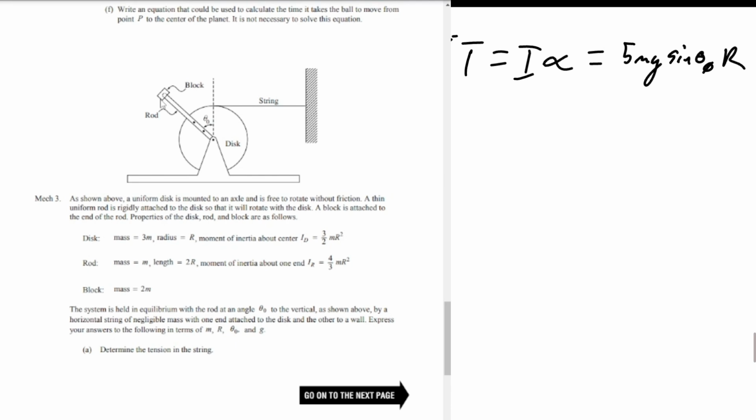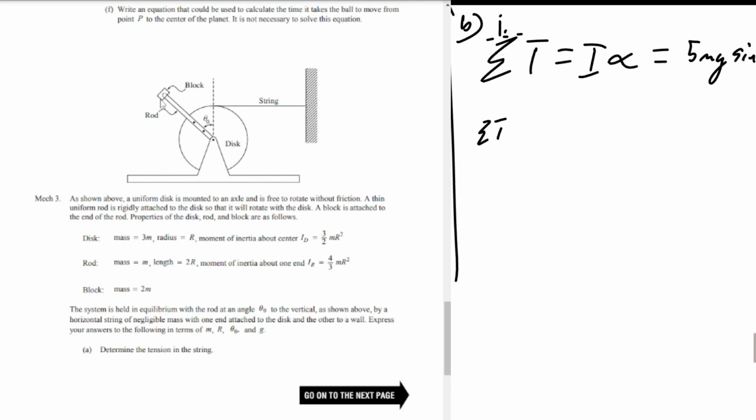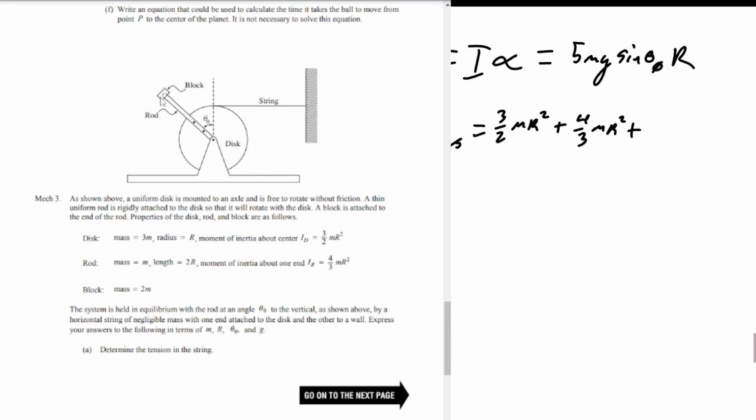Well, what's our I? For the I of the system, we have to sum the moments of inertia. They gave some of them to us. The I of the disk is 3/2 mr squared, plus the I of the rod about one end, 4/3 mr squared. And the block can be considered a point mass because we didn't get a radius for it.